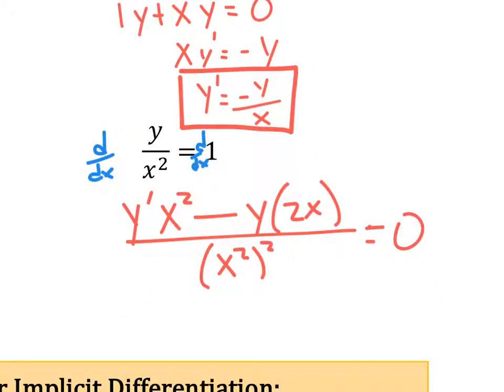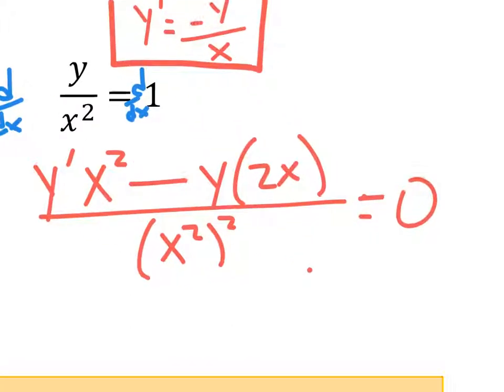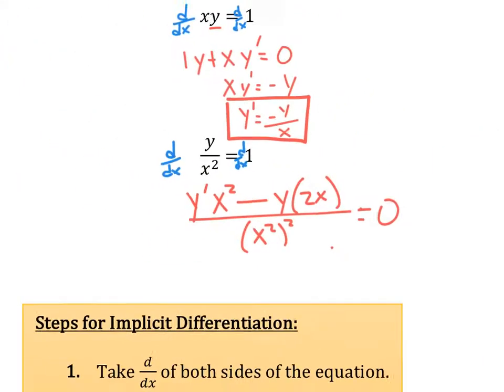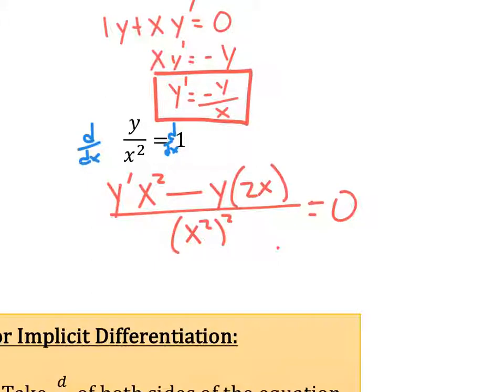So we end up with the bottom, that's x to the 4th. Now, since the right side became 0, if we multiply both sides by x to the 4th, this is just going to go away. The x to the 4th on this side cancels with that, and 0 times x to the 4th is just 0. That's gone.